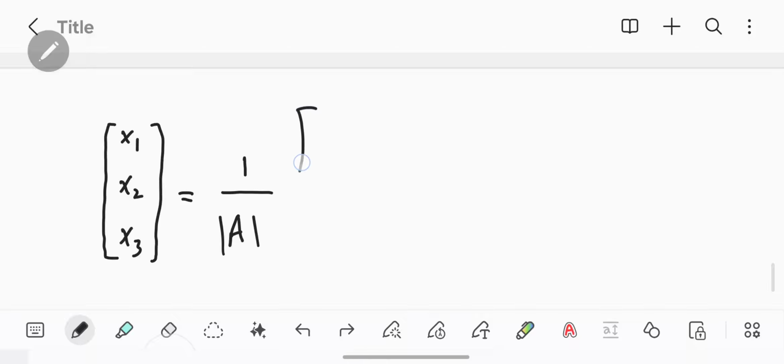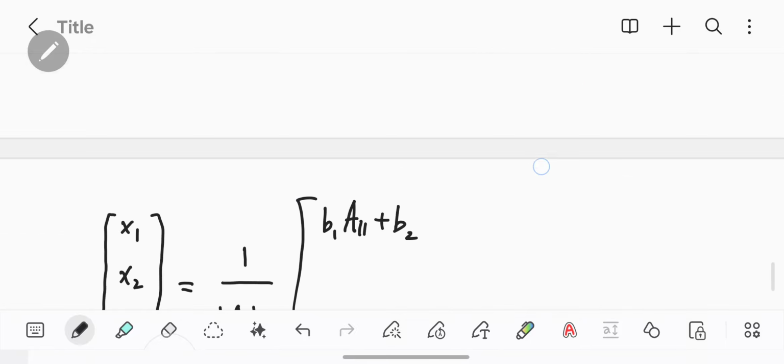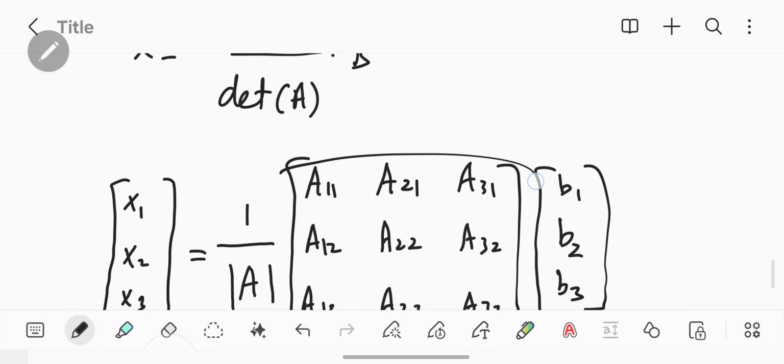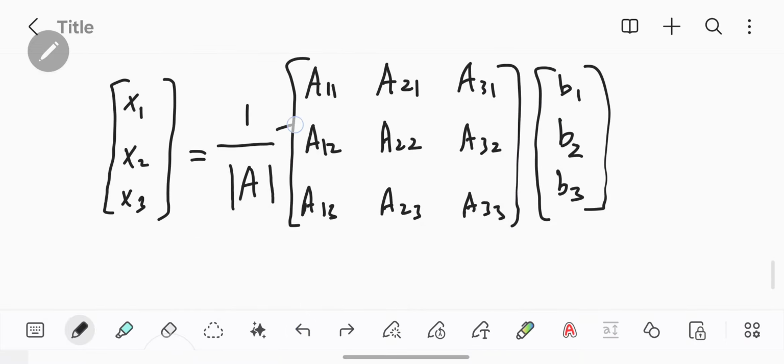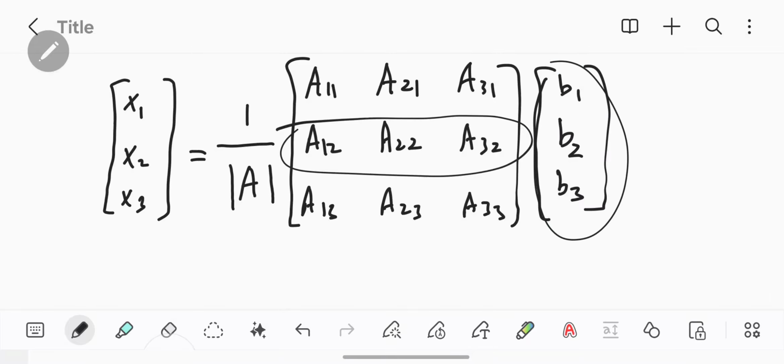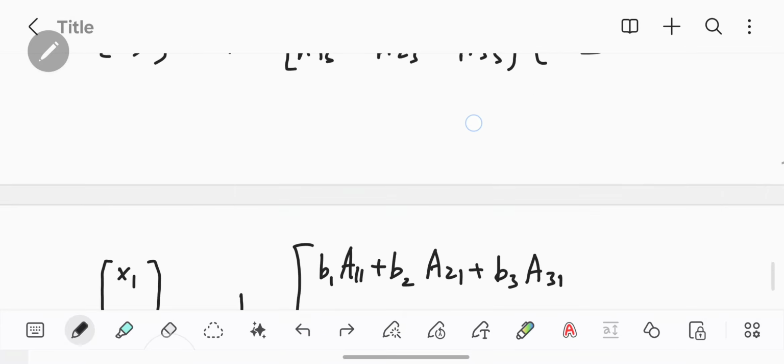So what is that? B1 A11 plus B2 A21 plus B3 A31. Okay, look, I multiplied this with this. Now I will multiply this with this, and I will go down.